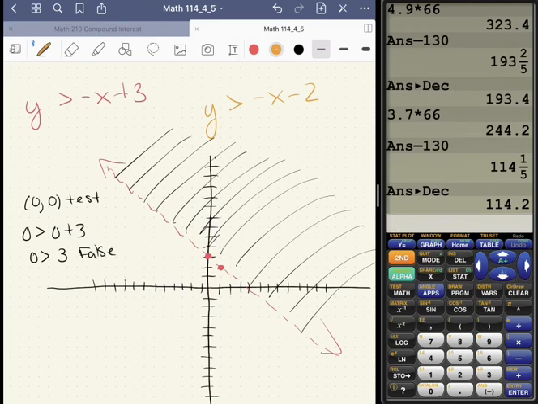Then the next one's telling me to go down 2, 1, 2, then 1 down and 1 to the side, like this. This looks like they're parallel to each other. I'm still going to use 0, 0 to test.